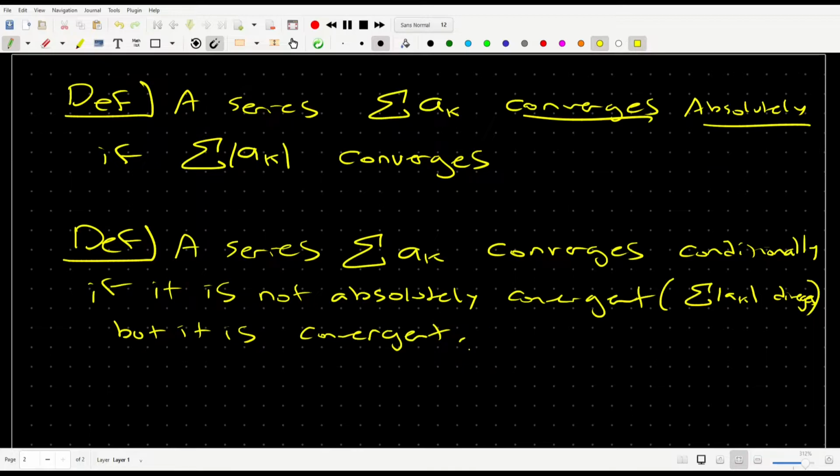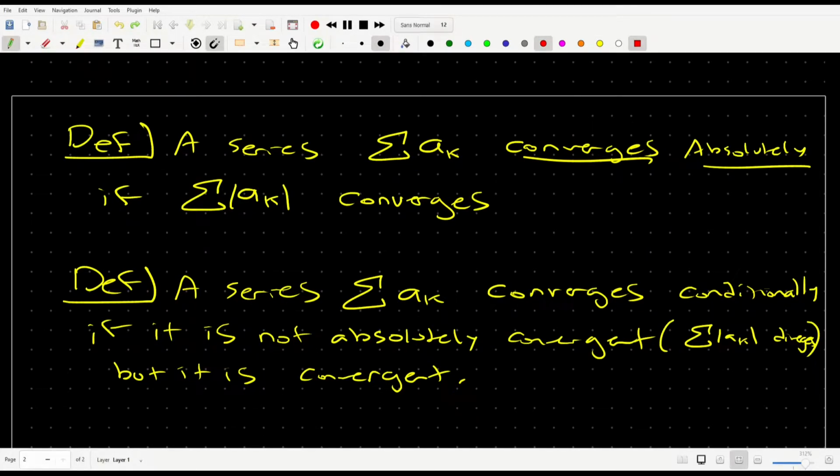So these are the two main definitions that we have. And in this lecture, we're going to focus on absolutely convergent series and some basic tests that we have for showing absolute convergence, because this is going to be a very important property going forward.